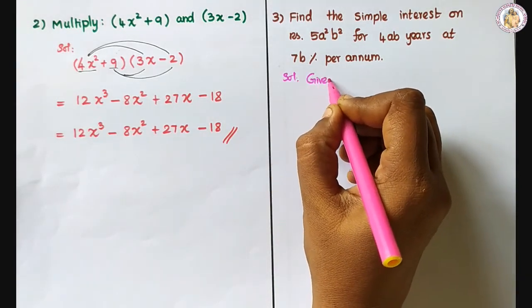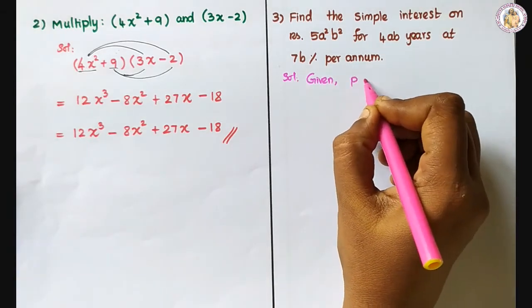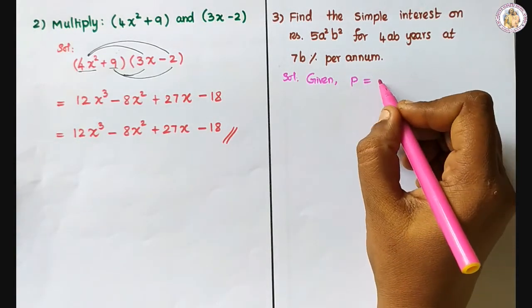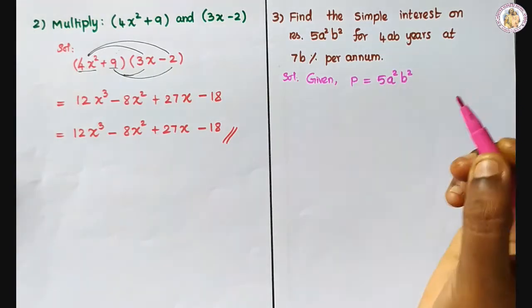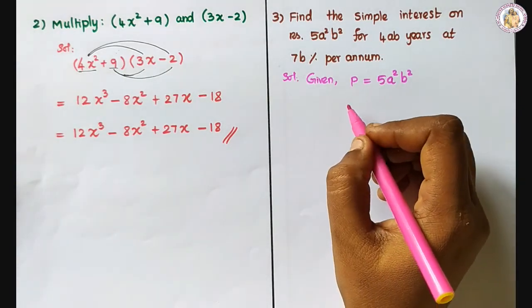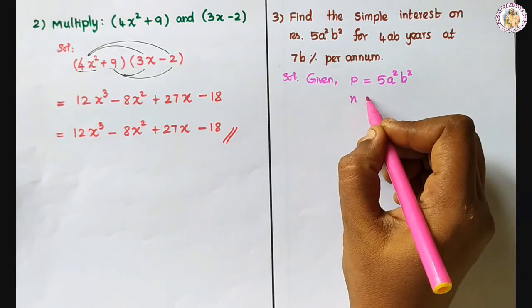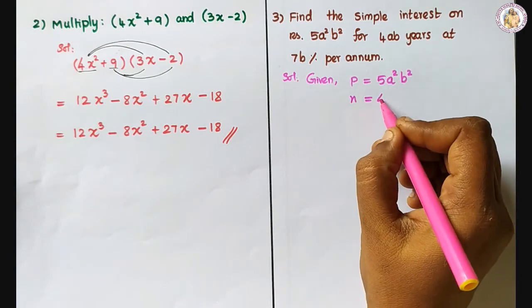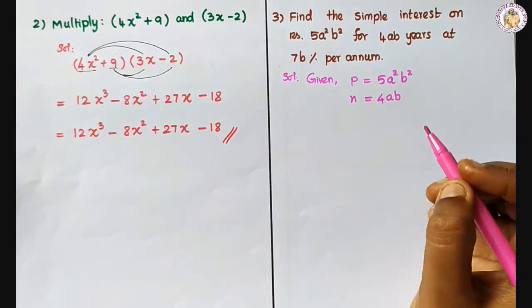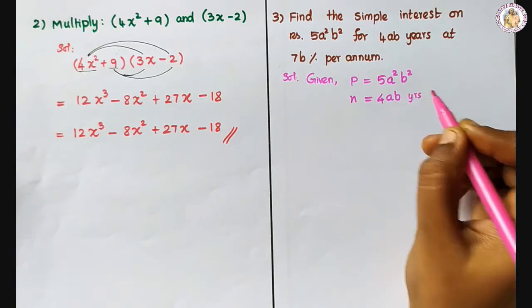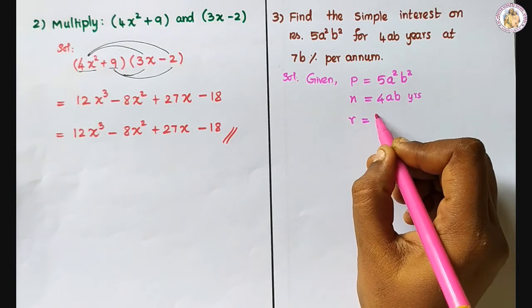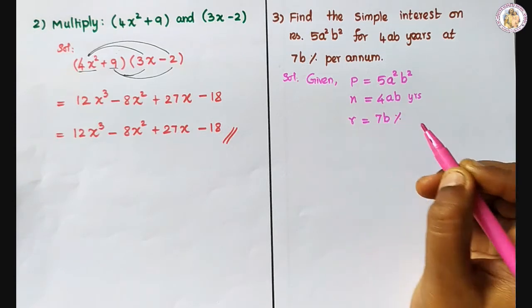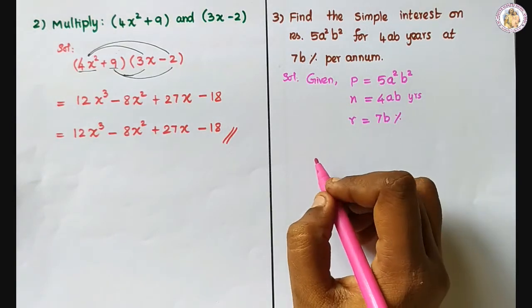Given principal P equal to 5a squared b squared and number of years n equal to 4ab. Next, rate of interest 7b percentage.